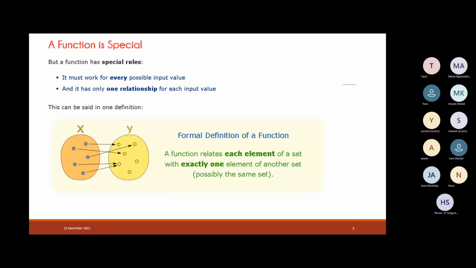What do I mean? There's an input and there's an output, and I will draw them in a mapping diagram. But now, each input, exactly one number in the domain, must have only one output.